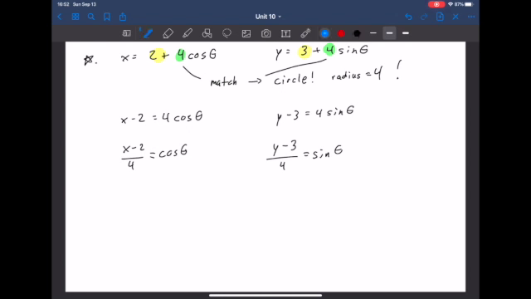And we have x minus 2 over 4 squared plus y minus 3 over 4 squared equals 1. Because again, it's sine squared plus cosine squared equals 1. So this number on the right side should always be 1.